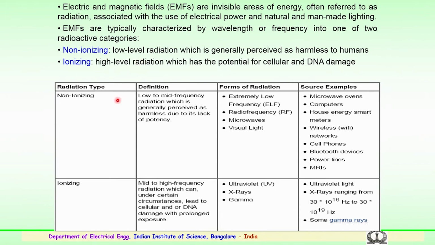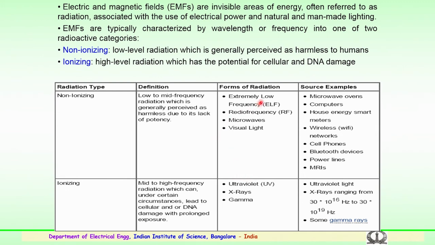These categories have been classified as shown in this table. The radiation types are the non-ionizing type, which is low level radiation, and the ionizing type, which is high level radiation. The definition for non-ionizing is low to mid frequency radiation, which is generally perceived as harmless due to its lack of potential. It could not cause much harm to humans as the magnitude of these radiations is very low.